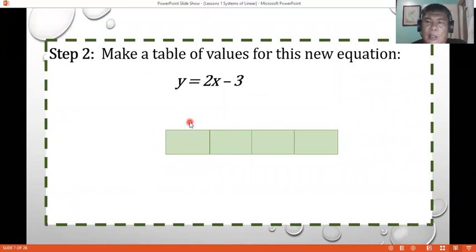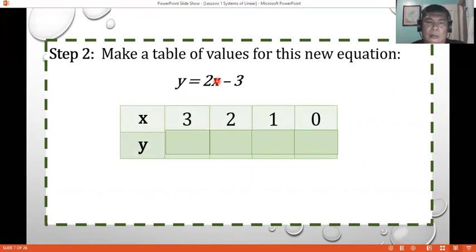And how to graph this one? First, let us have the table of values. Y is, yes, correct kayo, yung mga nagsabi na independent variable. X is dependent variable. Independent ang X kasi kahit anong value ang ilagay natin, dumidepende yung Y. Kaya nga dependent. So, when X is 0, 2 times 0, 0 minus 3 is negative 3.